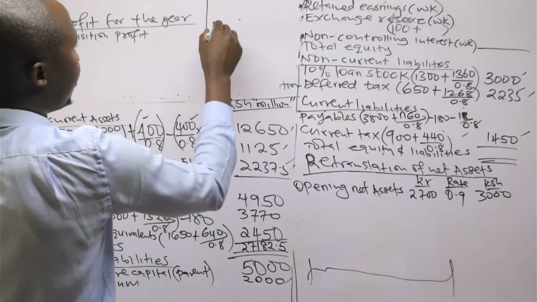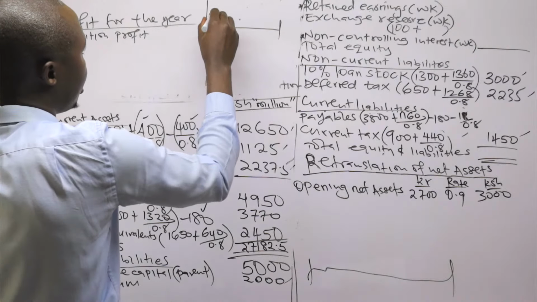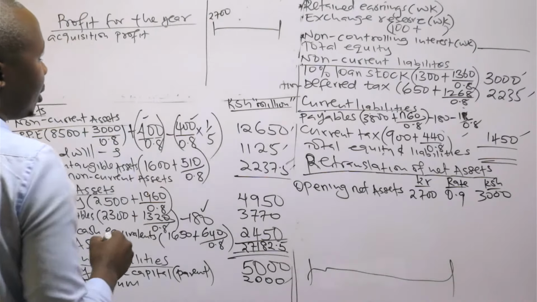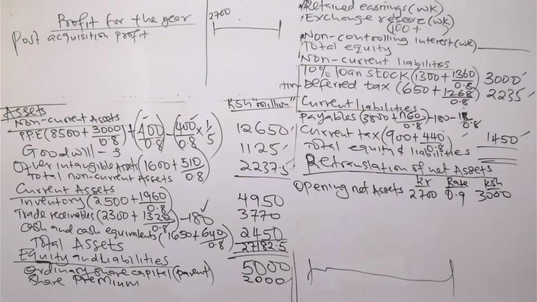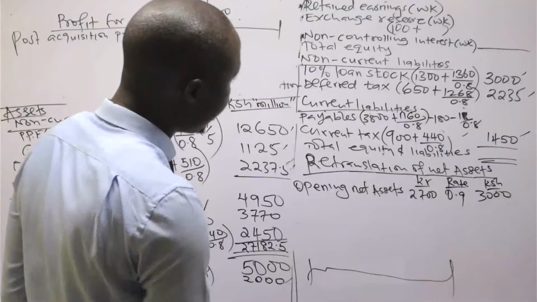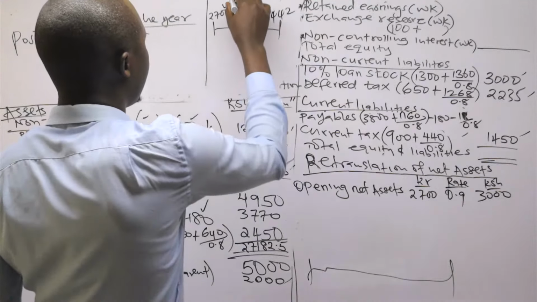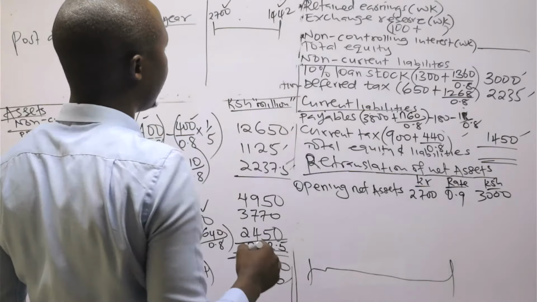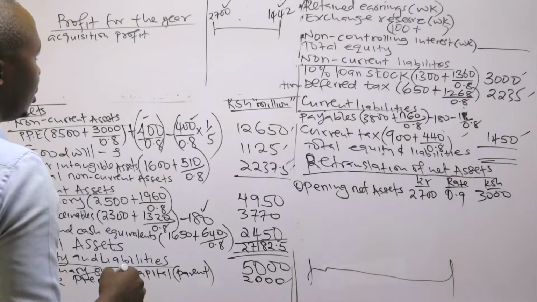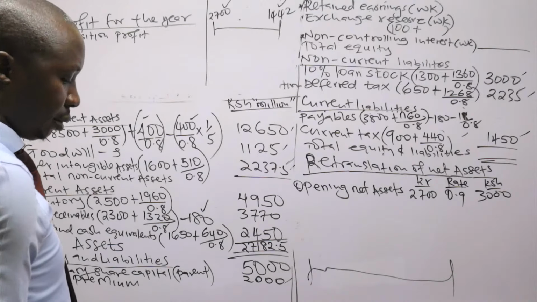Remember the net asset at acquisition is 2,700. But as at the end of the year, the retained earnings is 1442. So we have 2,700 and at the end is 1442.